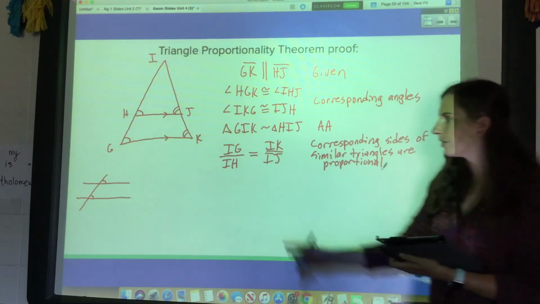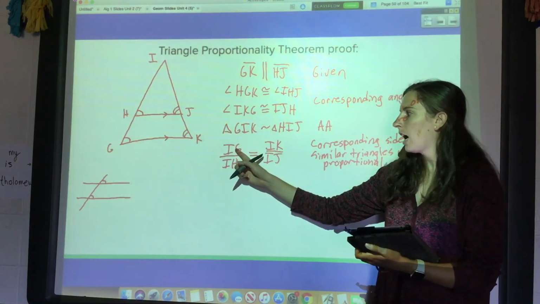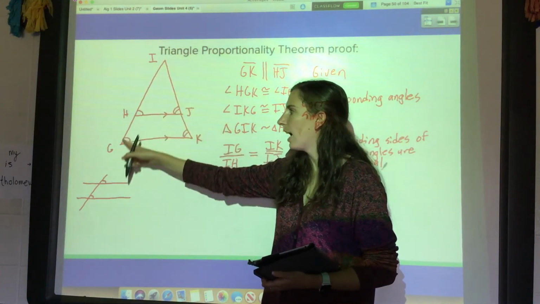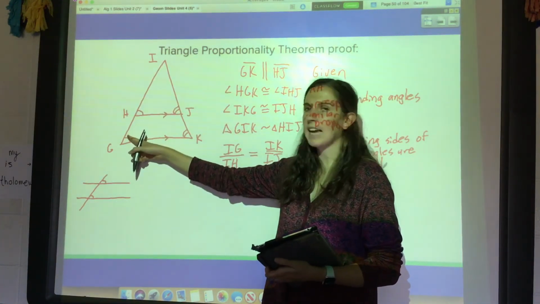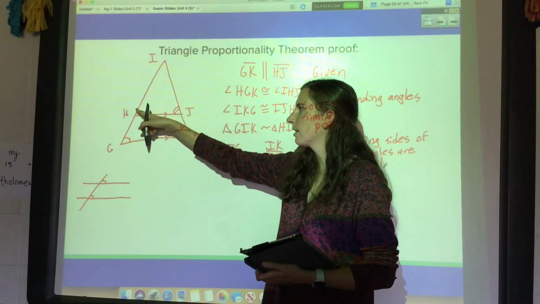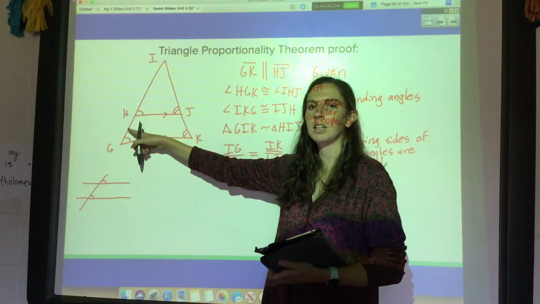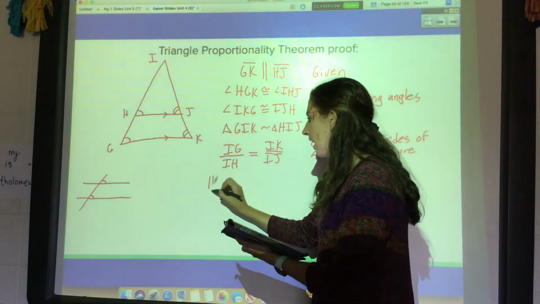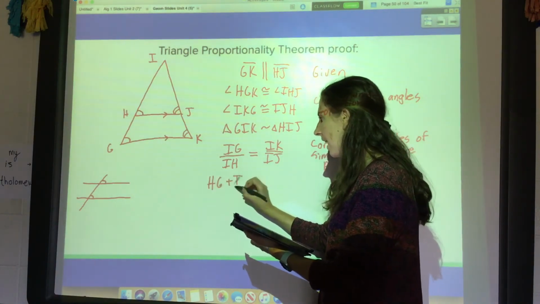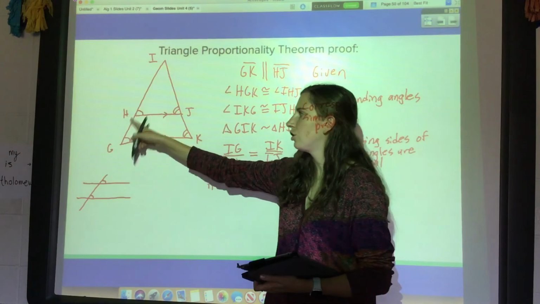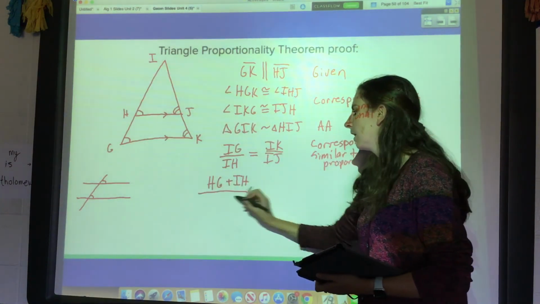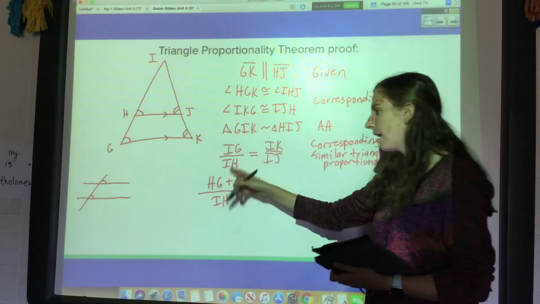Next, instead of IG, I'm going to replace it with, see how IG is this big segment, and it's actually the same as this plus this. So I'm going to split up IG into HG plus IH, because HG and IH make up IG. Leave IH on the bottom.